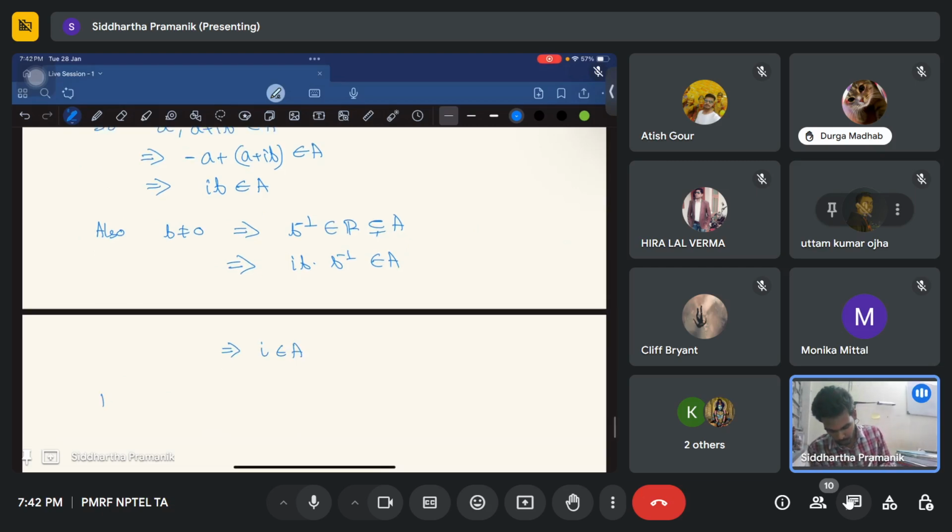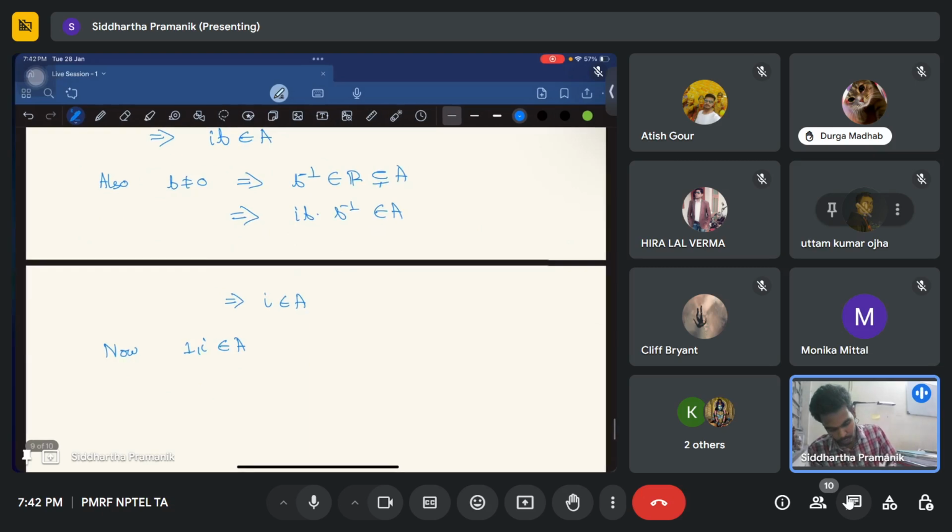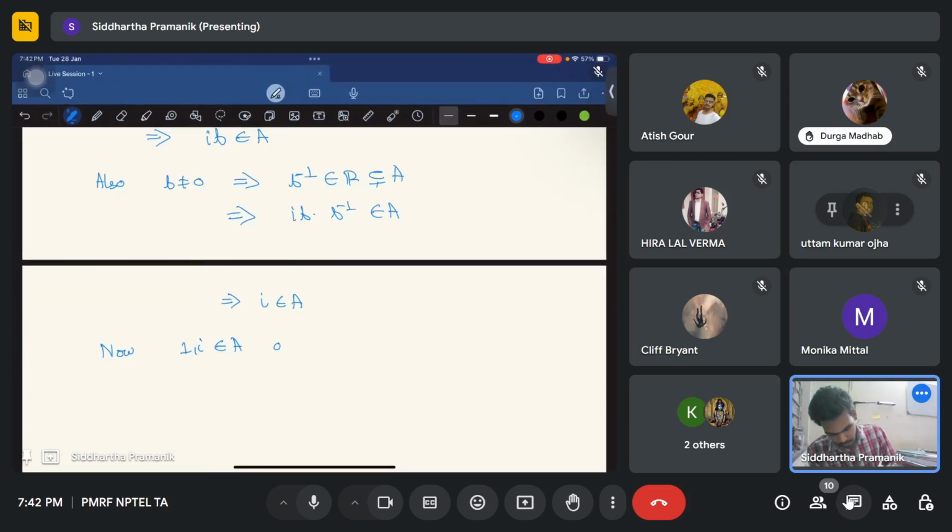Right? So now 1, comma, i both belong to A. And also R is a subset of A. So we can take all R-linear combinations of 1 and i.